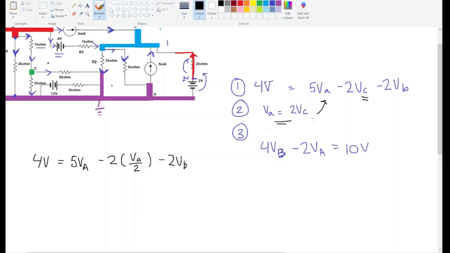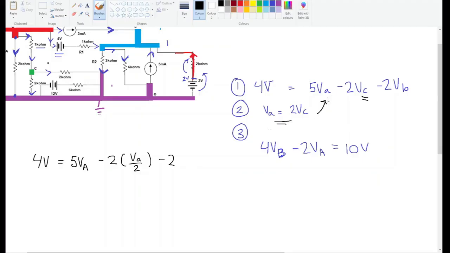Now you might be wondering, why didn't I substitute VA and put a VC in here? Well, the reason is because then you would have VC here and VB here, but your other equation has VB and VA. You want to simplify it so that you get a situation where you have two equations and two unknowns.